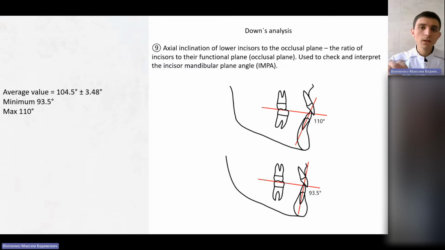We need only some of them. For example, only the Y-axis angle, only the SNB, if we talk about the Tweed analysis, or if we talk about Kim, it is the PTI. We make only those aspects in which we are interested during the diagnosis of our patient.